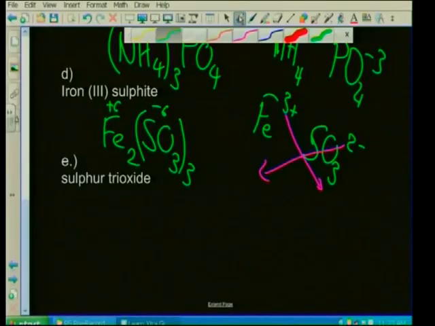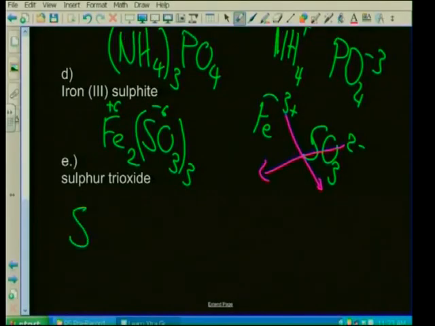Last one, different format for an equation. Sulphur trioxide. Now remember, symbols or formula of chemicals can be given in different notations. The tri there means 3. Di means 2. Tetra means 4. So we're dealing with sulphur trioxide. We're going to write it down as sulphur with 3 oxygens. And there it is.